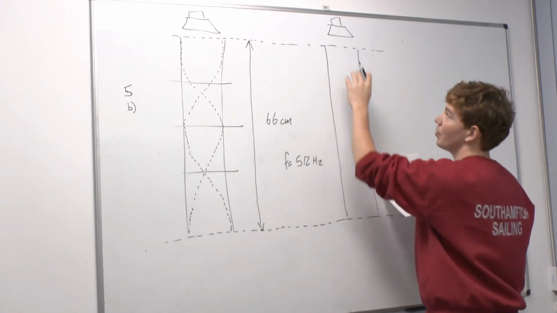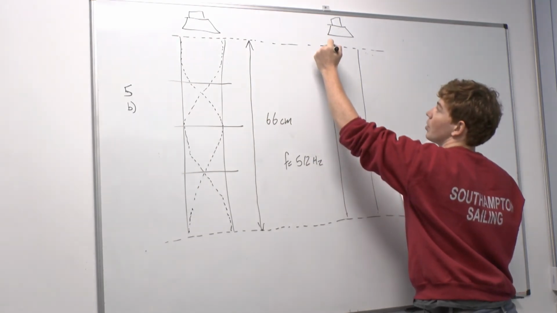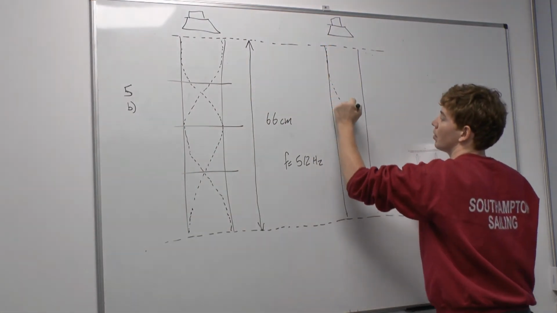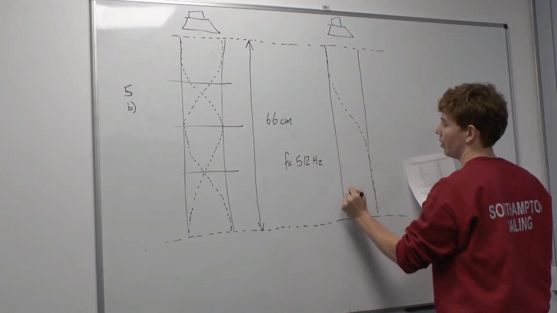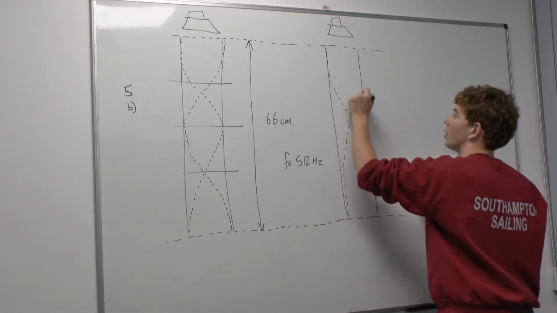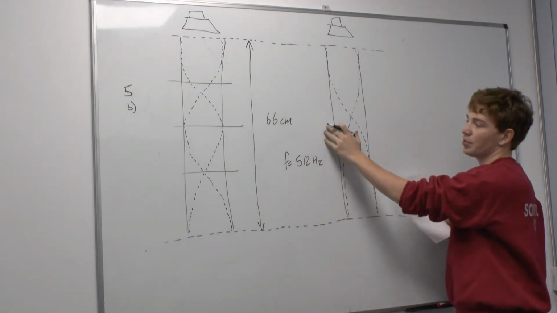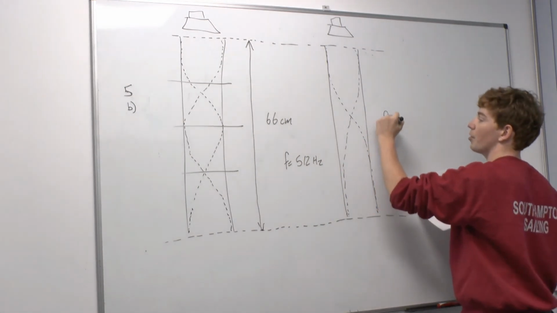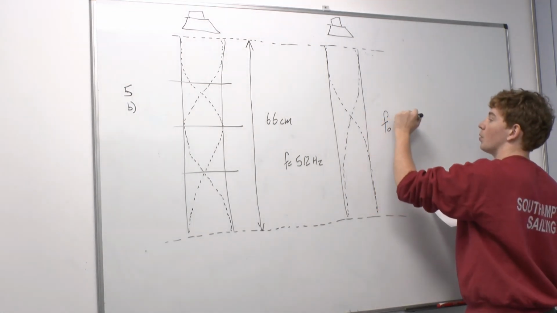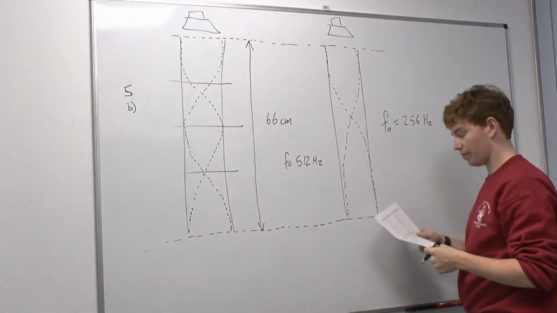So we're going to have an antinode at both ends still, but we're just going to have one pattern like this. So we're going to start with an antinode at the top, a node in the middle, antinode at the bottom end. Just finish the drawing like that. So with this, the wavelength is twice as long, which means the frequency is half. So for our fundamental frequency f0, we have 256 Hz rather than 512.